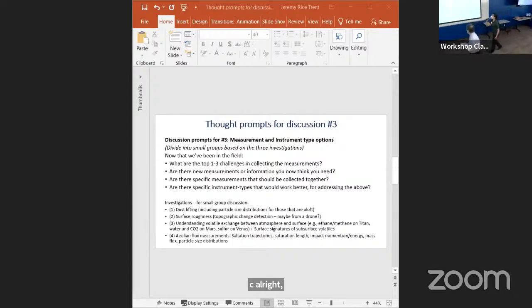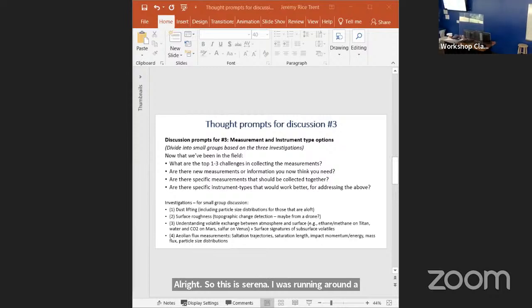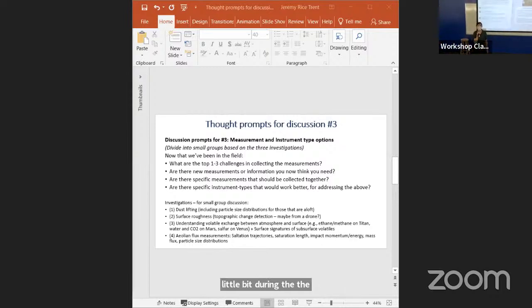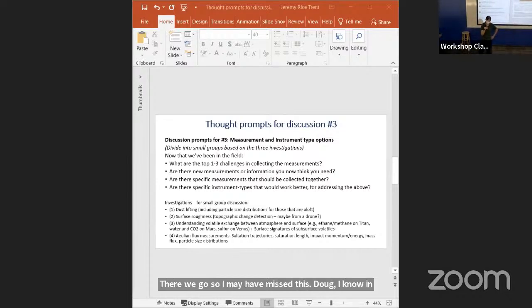All right, so this is Serena. I was running around a little bit during the reports, so I may have missed this. Doug, I know in your group you had talked about durability of the instruments and collecting saltation measurements. I'm now thinking maybe the approach there, because I brought up a typical baseline we're looking at is at least a season, if not a whole Mars year.